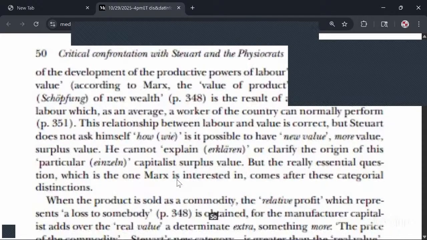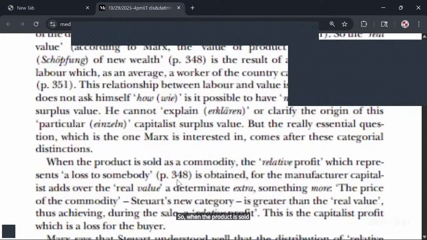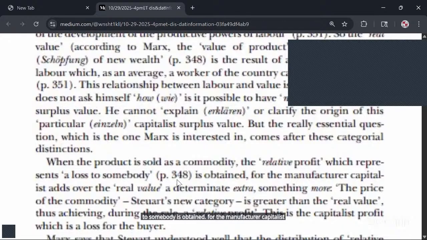So, when the product is sold as a commodity, the relative profit, which represents a loss to somebody, is obtained. The manufacturer capitalist adds over the real value and determines an extra something more, the price of the commodity. Stuart's new category is greater than the real value, thus achieving during the sale a relative profit. This is the capitalist profit, which is a loss for the buyer.